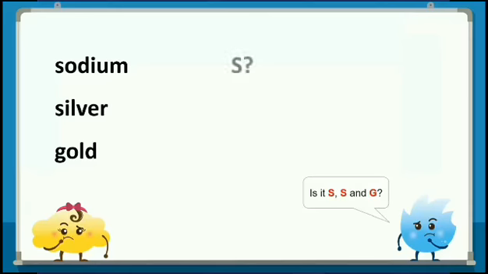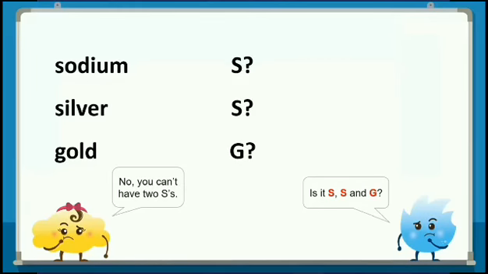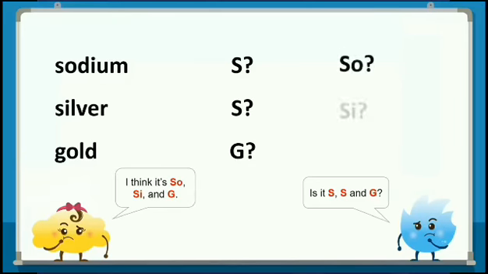What do you think are the symbols for sodium, silver and gold? It can't be SS. How will we know the difference between both S's? It could be So or Si instead, but that is not the case.